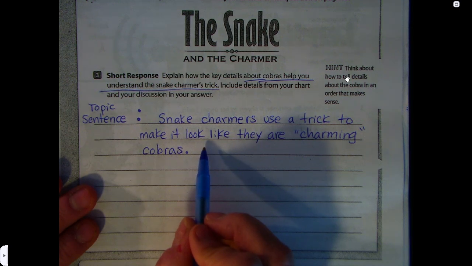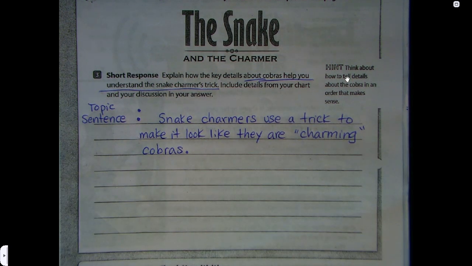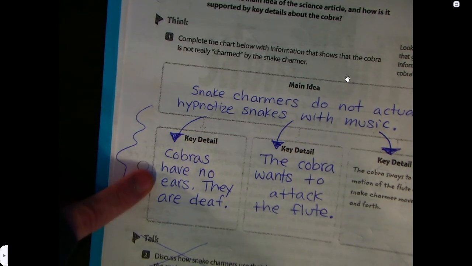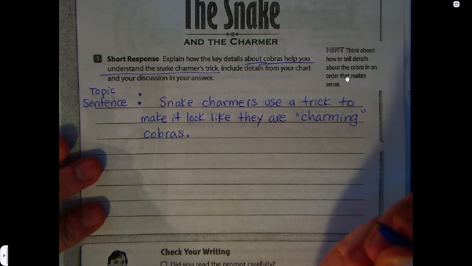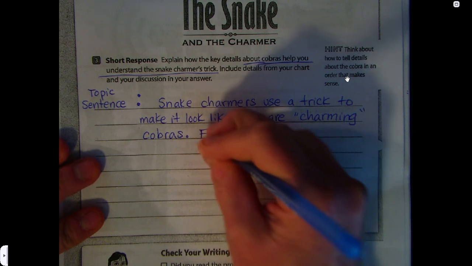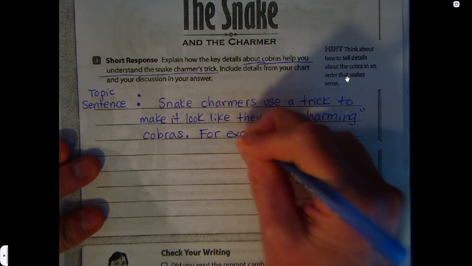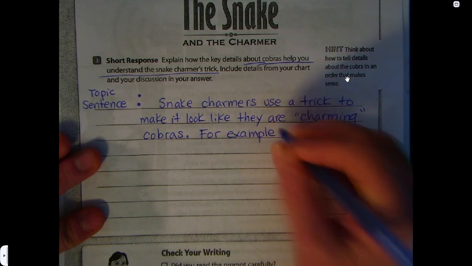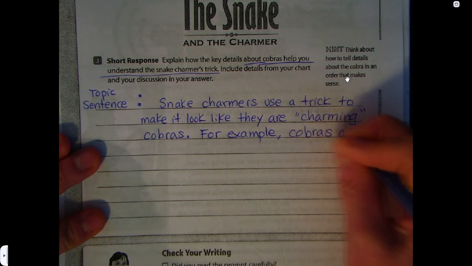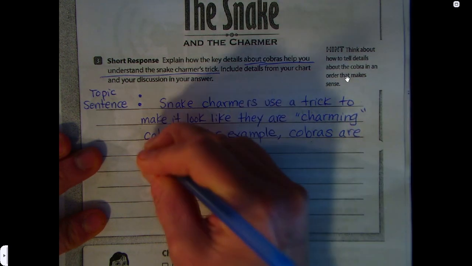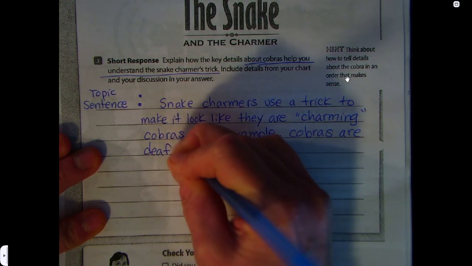Think about a hamburger. Now we need some ingredients. The ingredients are those key details. If I look back at the previous page at my chart, let's look at our first key detail. Cobras have no ears, they are deaf. That's my first ingredient in my hamburger. Now, sometimes when I list ingredients, I could say things like, for example, cobras are deaf and cannot hear the music.